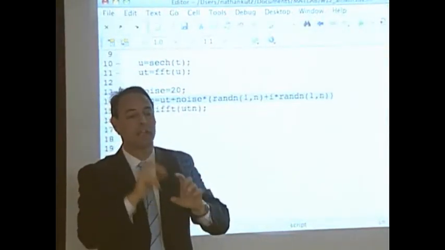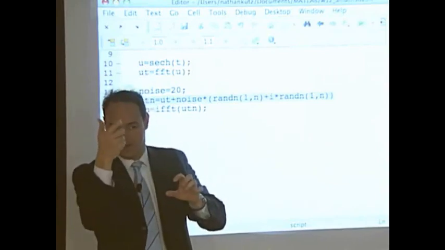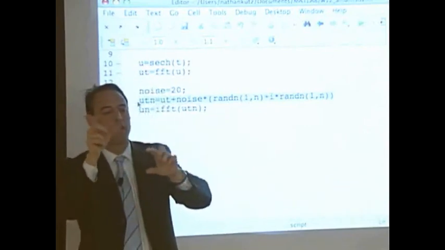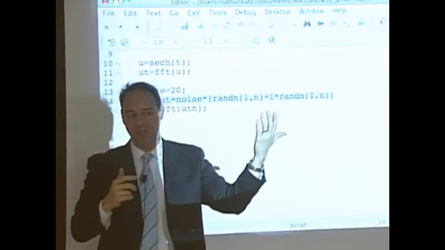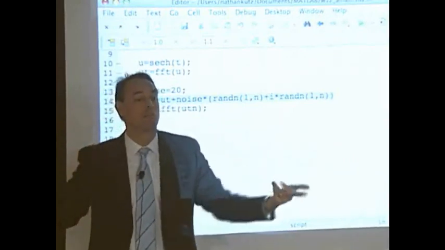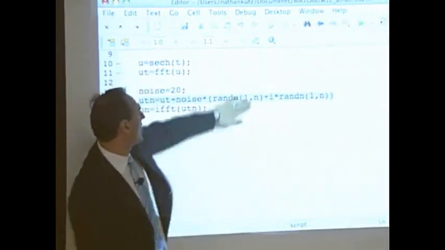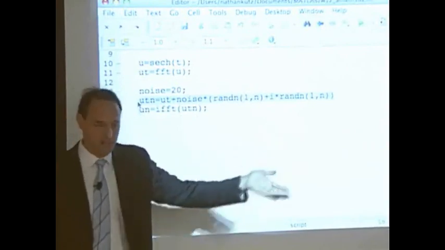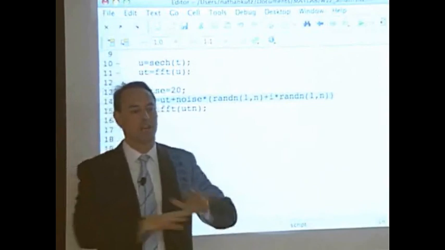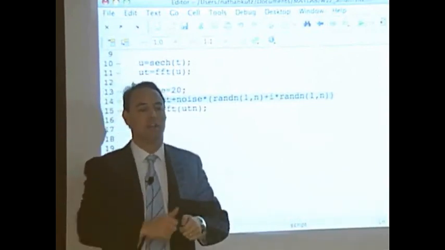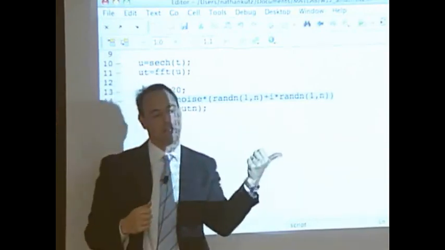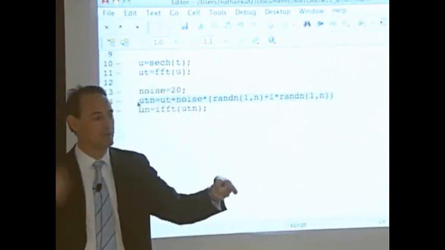Well, if you only add e to the I with real component, then e to the minus I looks the same. So you end up with symmetric noise. You don't want to do that. And if you only add the imaginary parts, you add asymmetric noise. So you add both, so there's no correlation between the cosine I omega terms and the cosine minus I omega terms. Both of them get different noise. Okay?